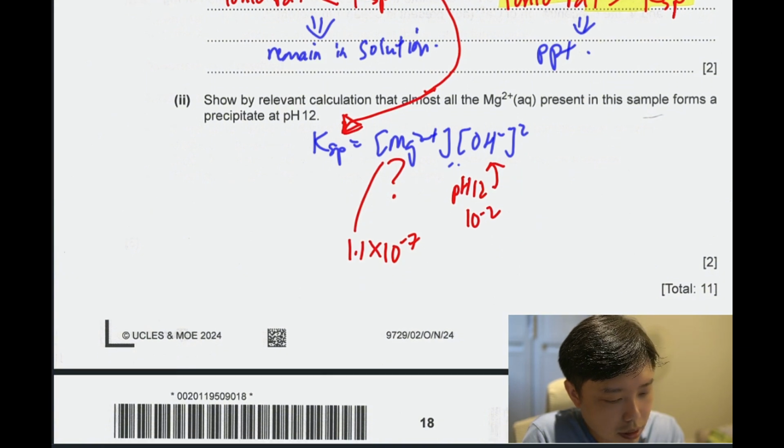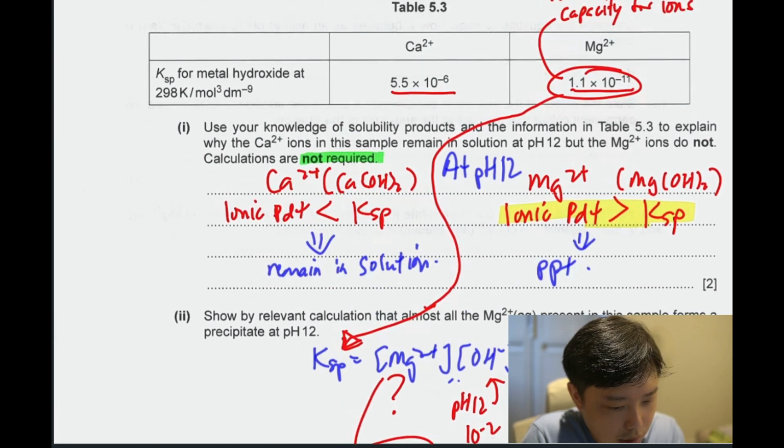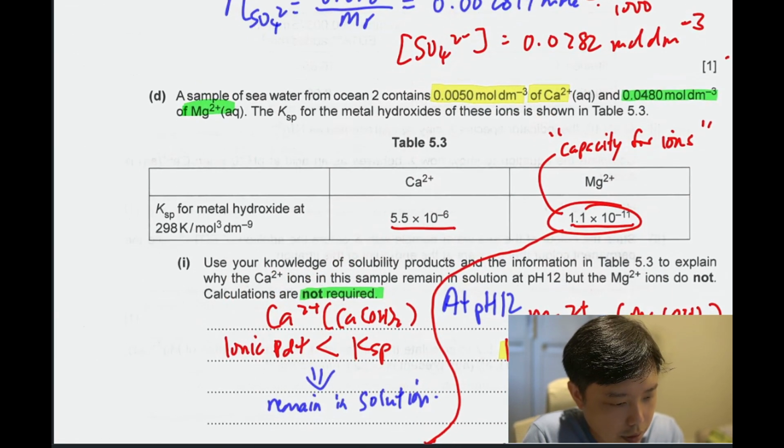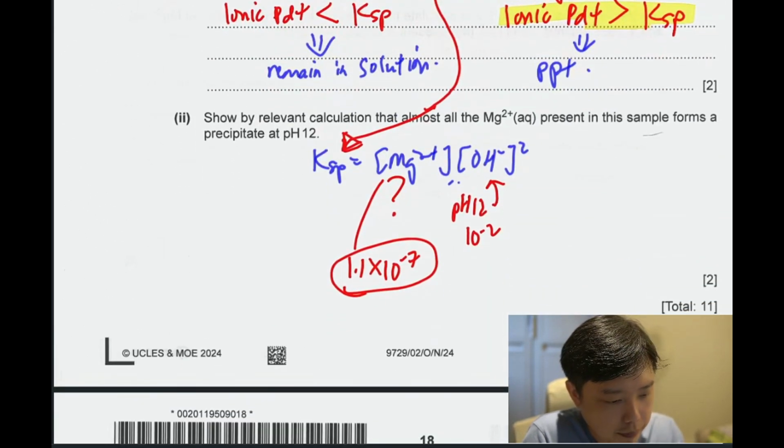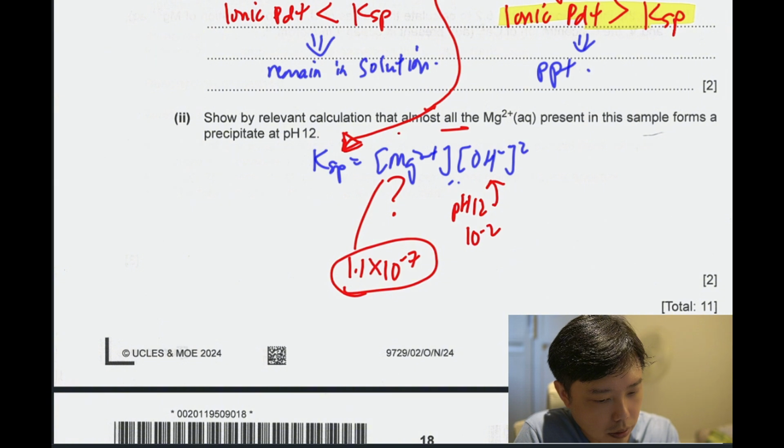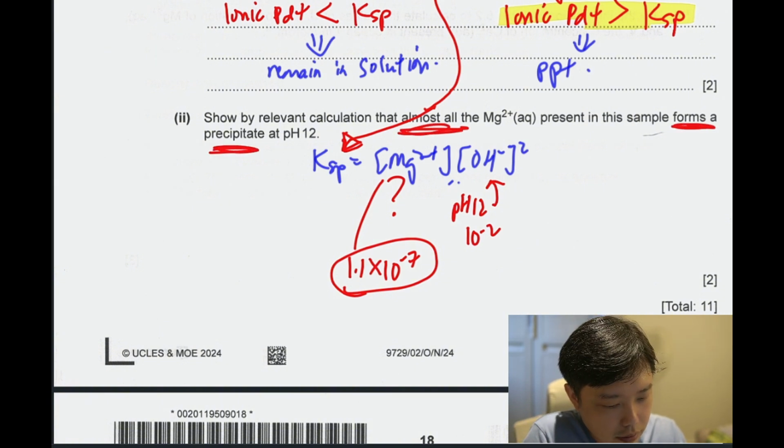This amount is very, very small compared to the starting 0.048. It is a very small percentage, almost negligible. So almost all forms the precipitate, and we are only left with this very small concentration of magnesium. So that is it for part D of question 5.